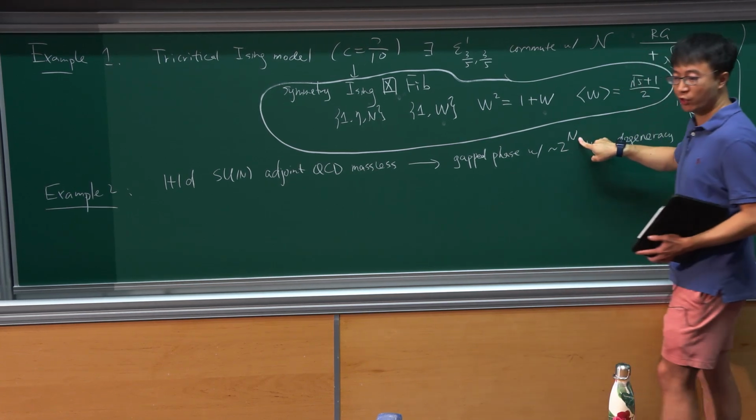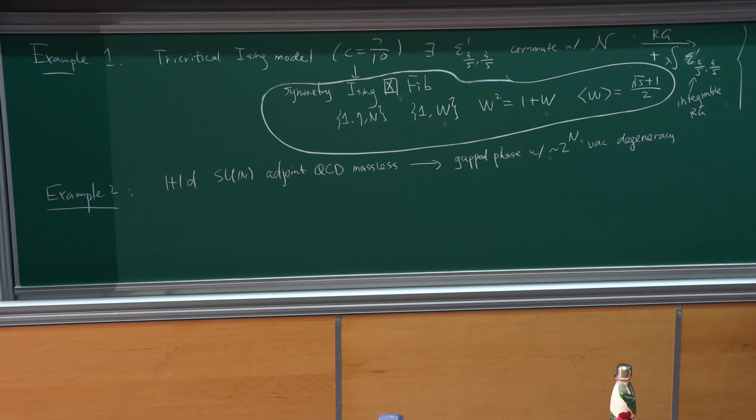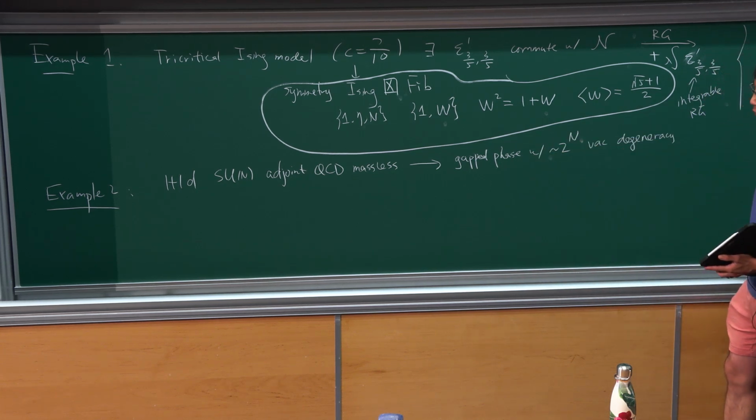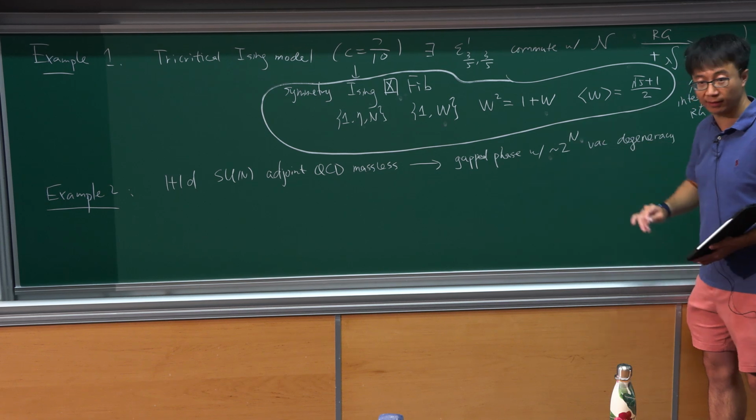There's a small shift of N in the exponent, so that's why I put a squiggly sign over here. And this vacuum degeneracy is explained by a huge set of non-invertible symmetries in this theory. The set of non-invertible lines is also of the same order, maybe with a factor of 2 in the exponent, I think.